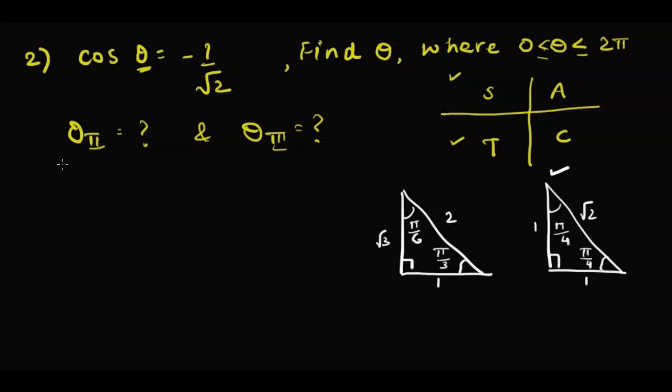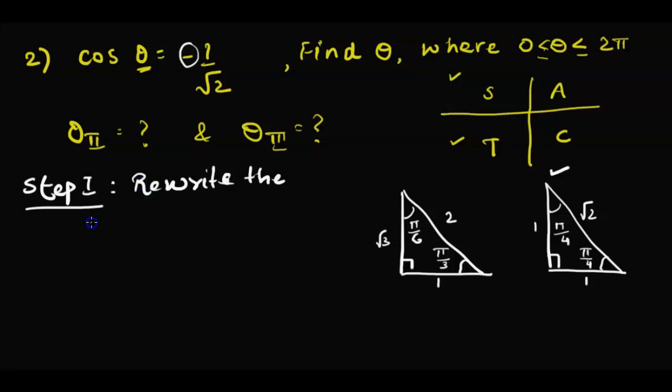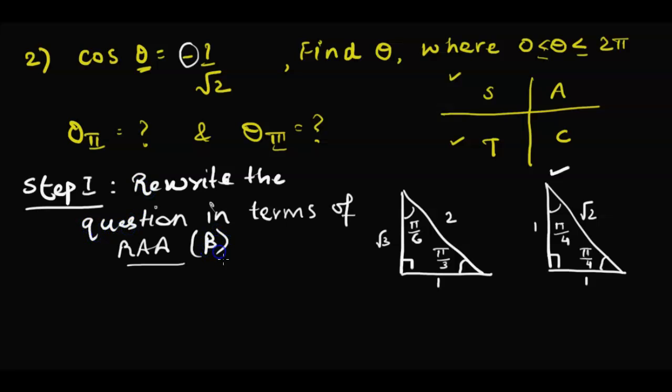So in this type of question, these steps are going to be followed when the ratio given to us has a negative sign. If the ratios are given to us with a positive sign, then we follow the steps explained in the previous example. Here, step 1 is to rewrite the question in terms of related acute angle, because related acute angle is the one that is always going to help us find the values of theta in different quadrants.